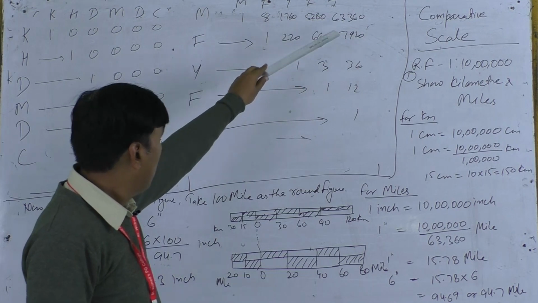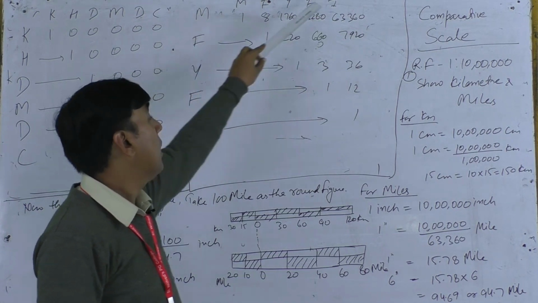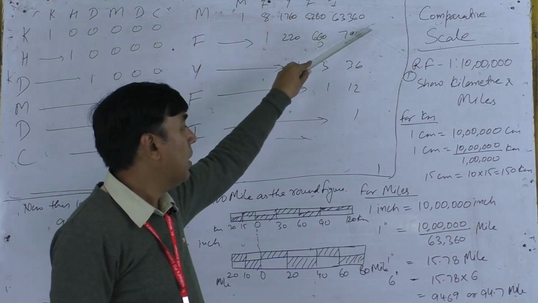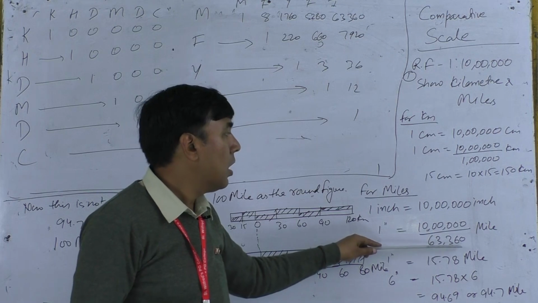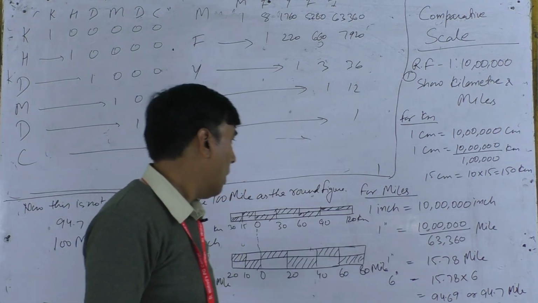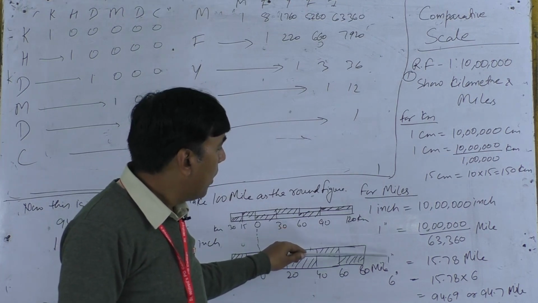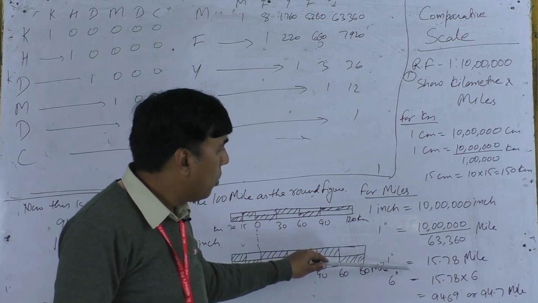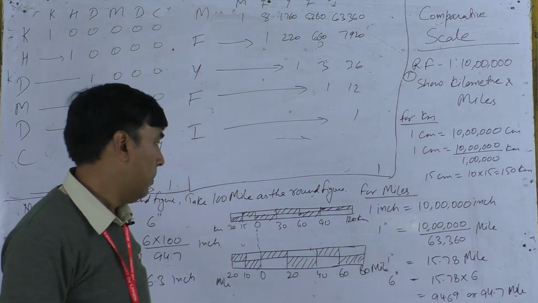It means 1 mile, in 1 mile how many inches are there? 63,360. So that's why we are using 63,360 for miles. Okay, so it means a line of 1 inch will show 15.78 miles.